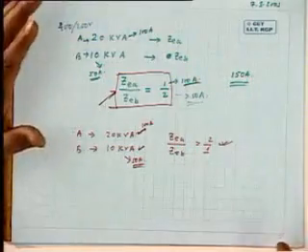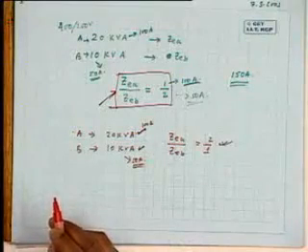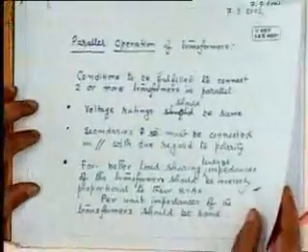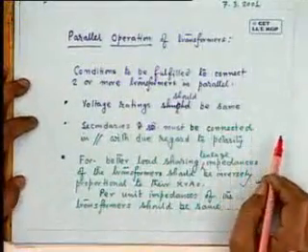When full load current is delivered to the load, we would like transformer A to carry rated current, and transformer B too to carry rated current. Then only everything is fine. Otherwise, you cannot fully load the transformers either way. Therefore, the condition is that the impedances should be inversely proportional to their kVAs.